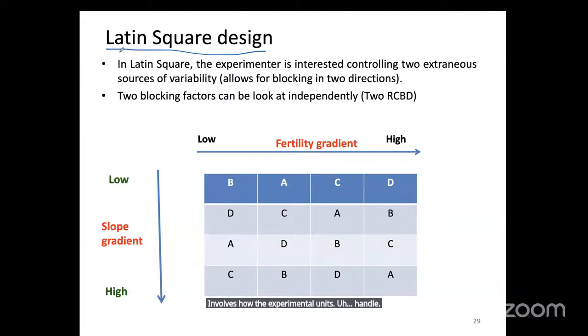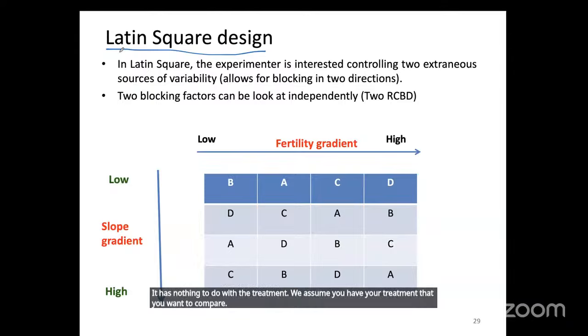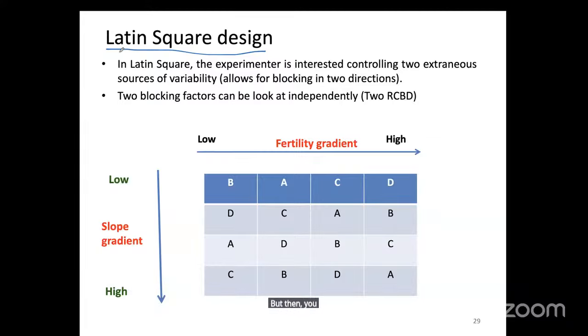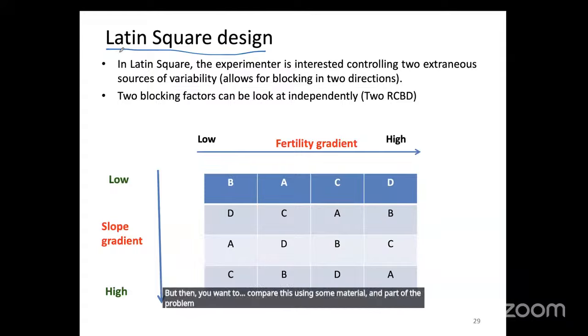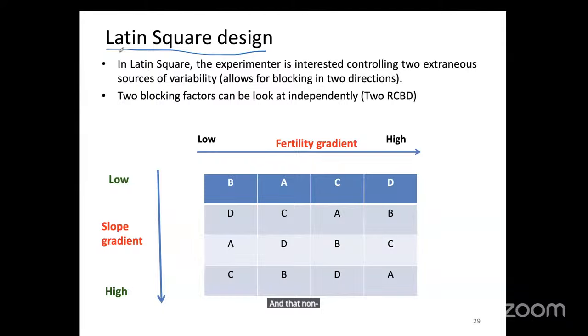It has nothing to do with the treatment. We assume you have your treatments that you want to compare, but then you want to compare them using some material. Part of the problem could be that those materials are not uniform, and that non-uniformity is likely to have an effect on the comparison.